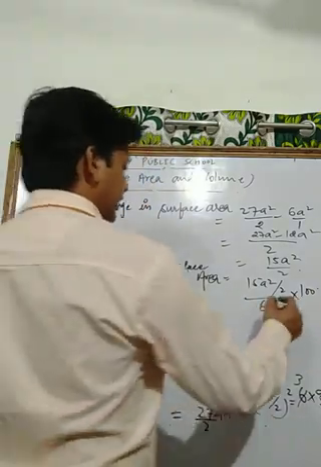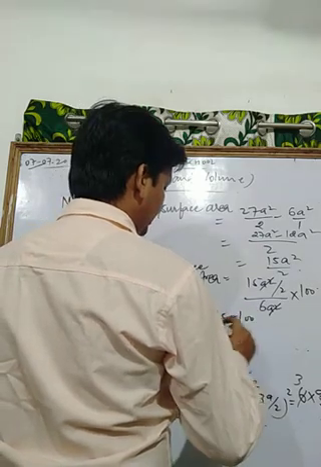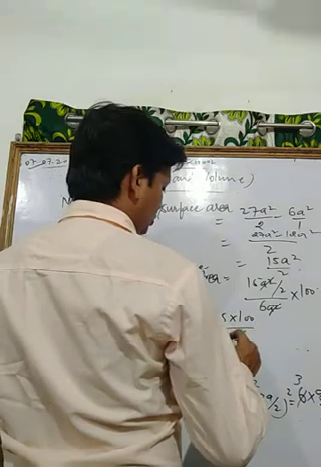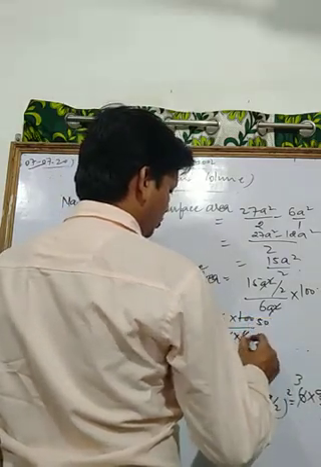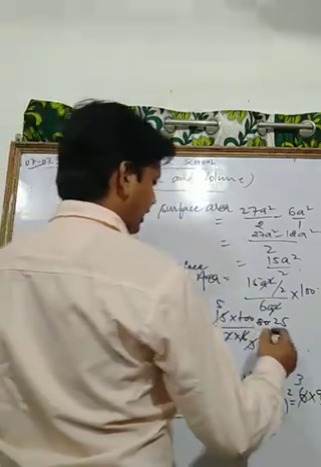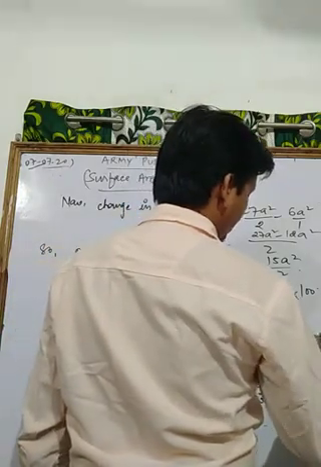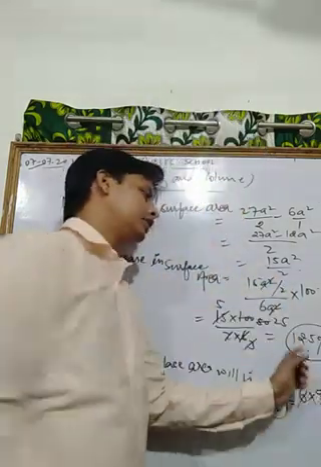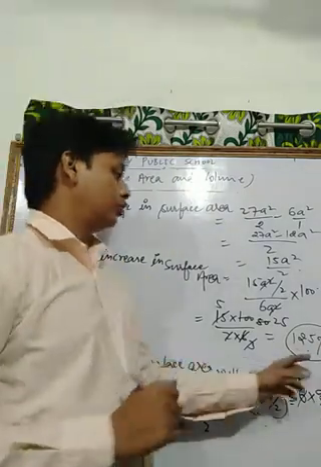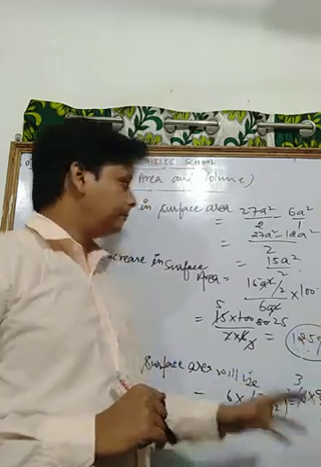The a square cancels, then 15 into 100 upon 2 into 6. Now 50, 2 threes are 6, 25, 3 fives are 15, and 25 fives are 125, so 125%. This is your final answer.